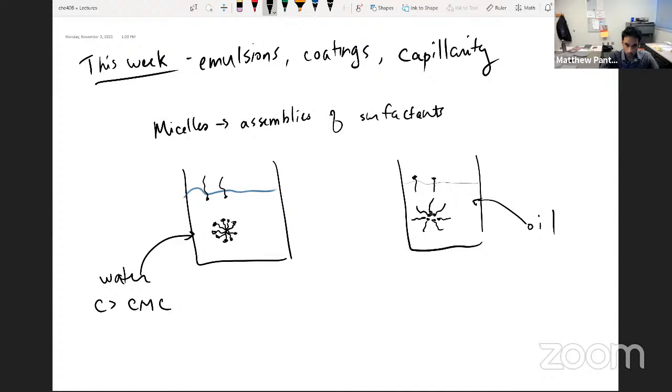Okay, so another thing that's important about micelles is they increase solubilization. They can increase the solubility of otherwise sparingly soluble substances.